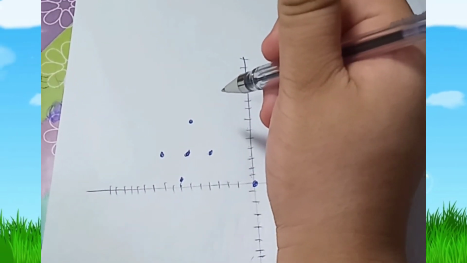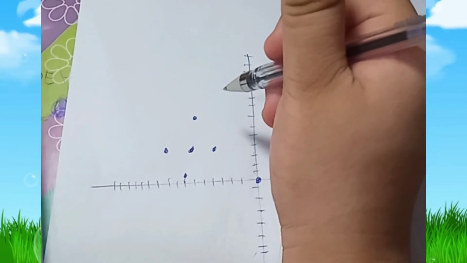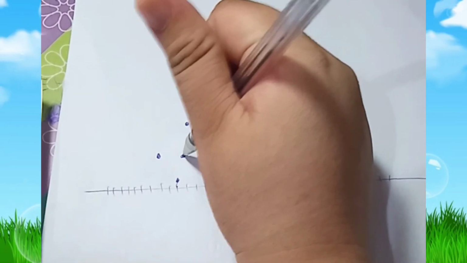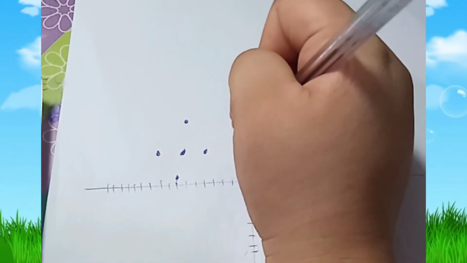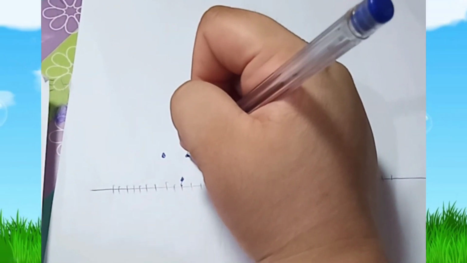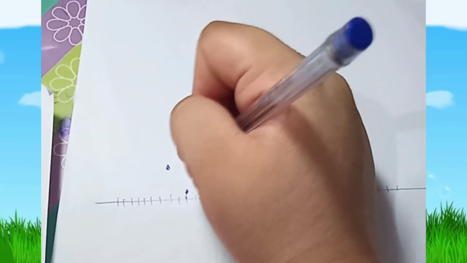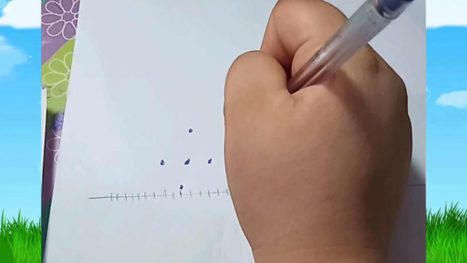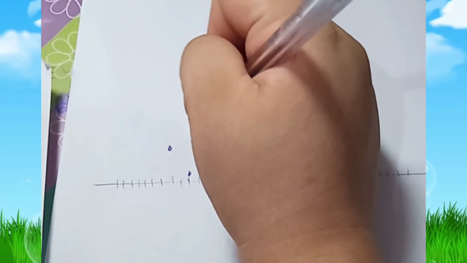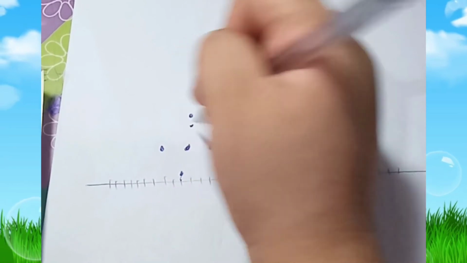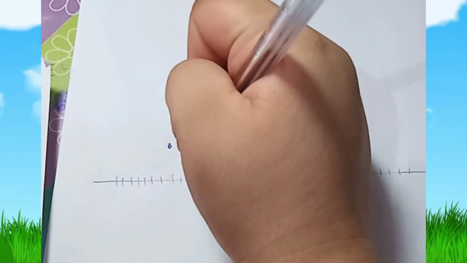Since the square root of 5 is 2.24, that is already rounded off, we should count 2.24 units from our center. So from the center, we count 2.24. We just estimate this 0.24 over here. And for the downward, we can also do this 1, 2, and a little bit of a point here.